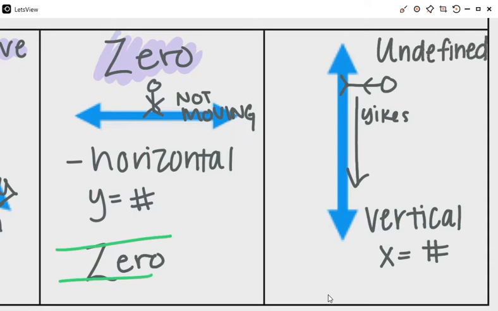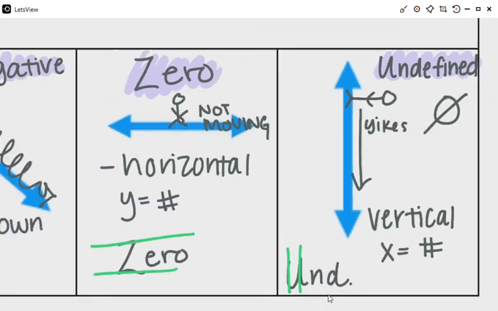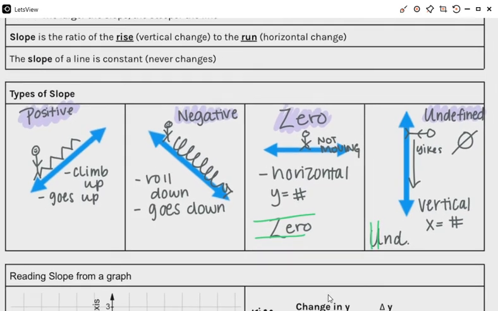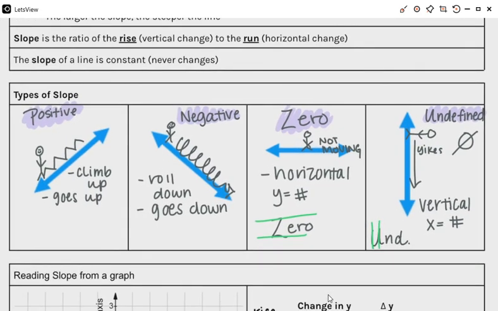If you don't want to write undefined, you can use this little symbol to mean doesn't happen, not possible. And the little trick for undefined, if you write undefined, you can draw vertical lines through that first letter. So these are the 4 types of slope, all with our little people to understand what's happening.